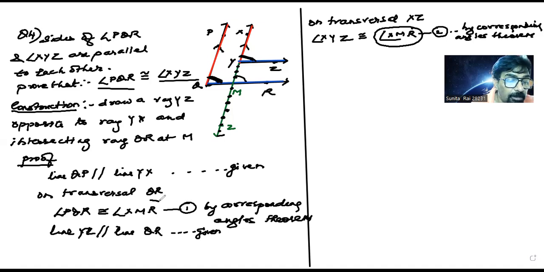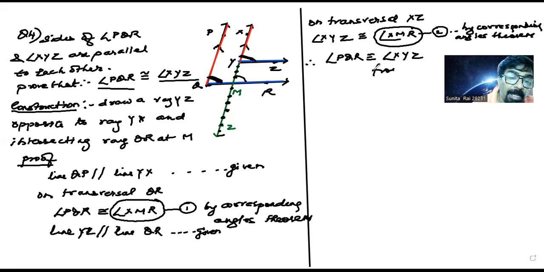The right hand side of statement 1 is angle XMR, and the right hand side of statement 2 is also angle XMR. Your PQR is congruent to XMR, your XYZ is congruent to XMR. So can I say, therefore, angle PQR is congruent to angle XYZ from 1 and 2. I think I got my answer from statements 1 and 2. Can you see? I got my answer.